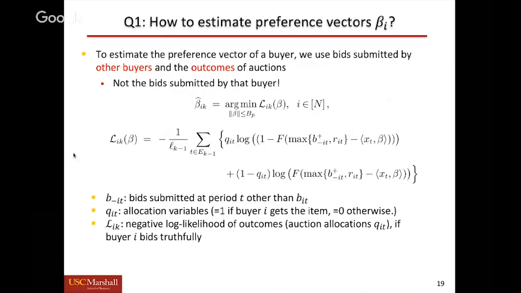And also you have q_it, the allocation, whether buyer i has won the auction in round t or not. So you are not working with b_it; you just look at the outcome of the auction, whether the buyer you're targeting is the winner or not, and the bids coming from other buyers. This is the log likelihood that you get from the previous episode, and you want to estimate beta by minimizing this. Now, recall that we assumed that 1 minus F and F are log-concave, so this is the place where we use this technical assumption, because this optimization becomes convex, and it's easier to analyze compared to non-convex optimization.